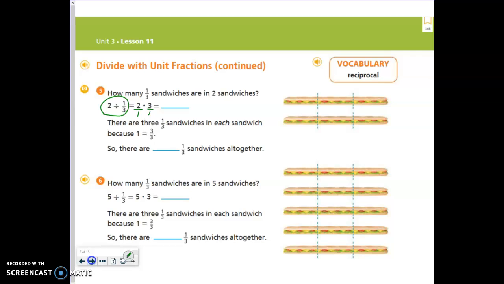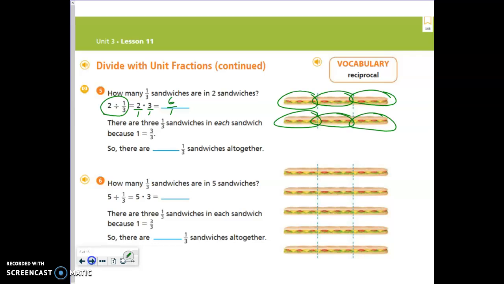So I can change 2 into 2/1, or leave it the same, obviously, but just turn it into its fractional form, and I can multiply straight across. Now, hopefully we recognize sooner rather than later that I don't need the ones on the bottom. It's not going to change. That 3 times 2 is 6, but it stands for 6/1 because we're multiplying by the reciprocal. And here is where our 6 pieces come in. If I take those 2 sandwiches and I break them into 1/3 pieces, 1, 2, 3, 4, 5, and 6.